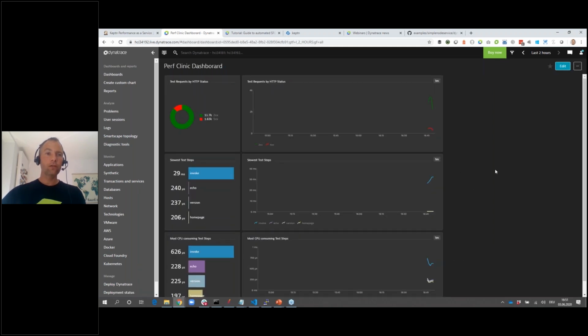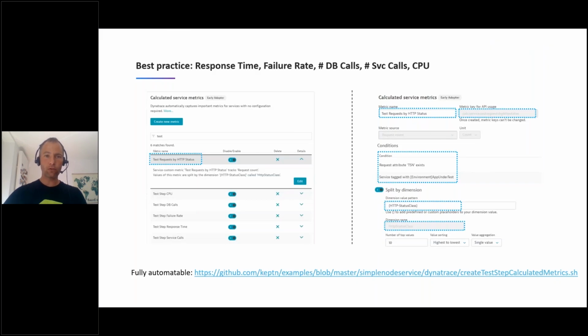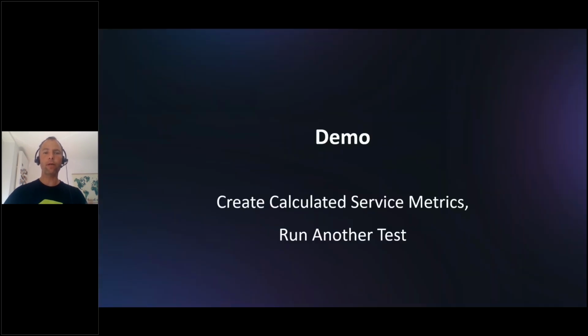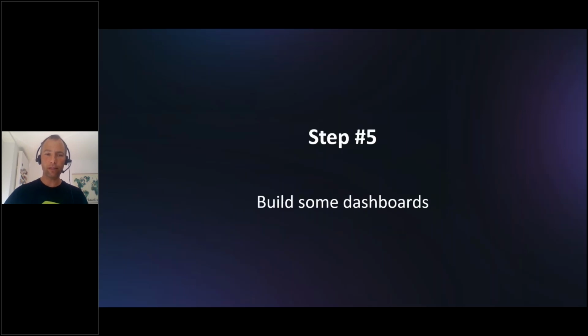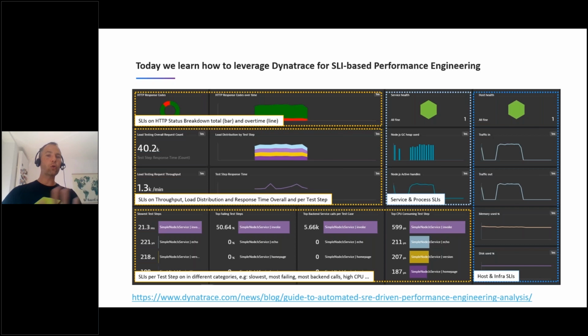Okay, so let me quickly check back. Remember, this can also fully be automated. Demo, I did the demo, I created the calculated service metrics, I ran another test. Let's build some dashboards. I showed you already how you can start building these dashboards. Remember, the rest is just dashboarding. You just add stuff to the dashboard that is relevant for you.